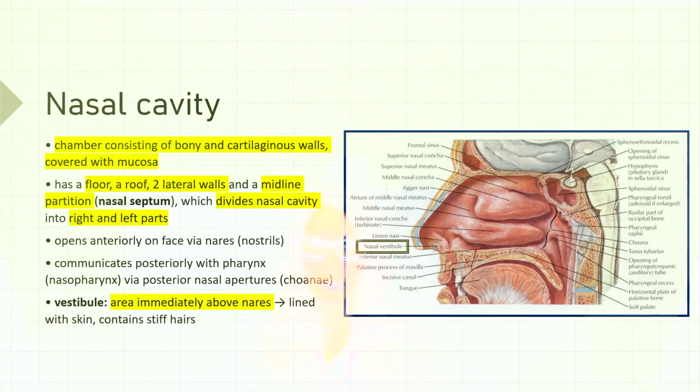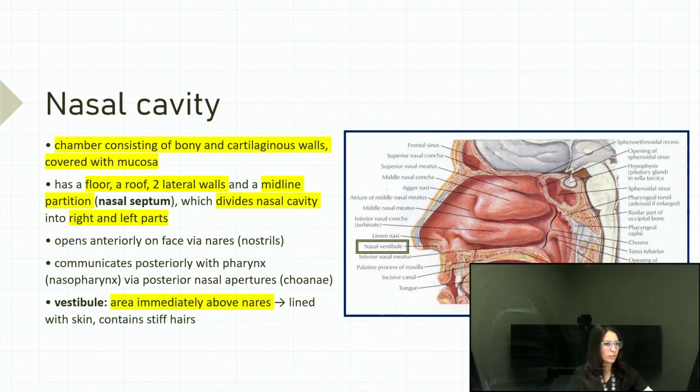Now, the nasal cavity is just a chamber that has a bony part and a cartilaginous wall covered with mucosa. In this particular case, this is a sagittal section of the face where you can see the nasal vestibule, for example, which is the immediate area above the nares that allows the entry into the nasal cavity.